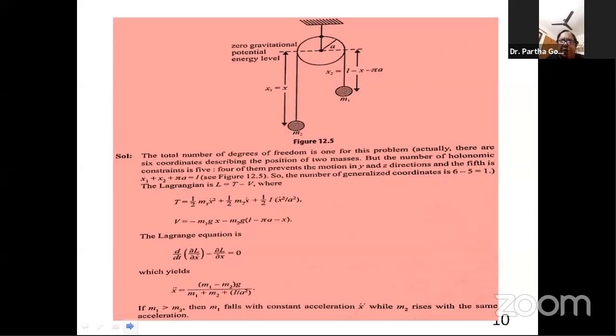M2 is at distance x, and therefore M1 is at distance L, being the length of the string, minus x, which is x2, the distance of the mass from the dashed line, and that x2 is L minus x minus pi a.